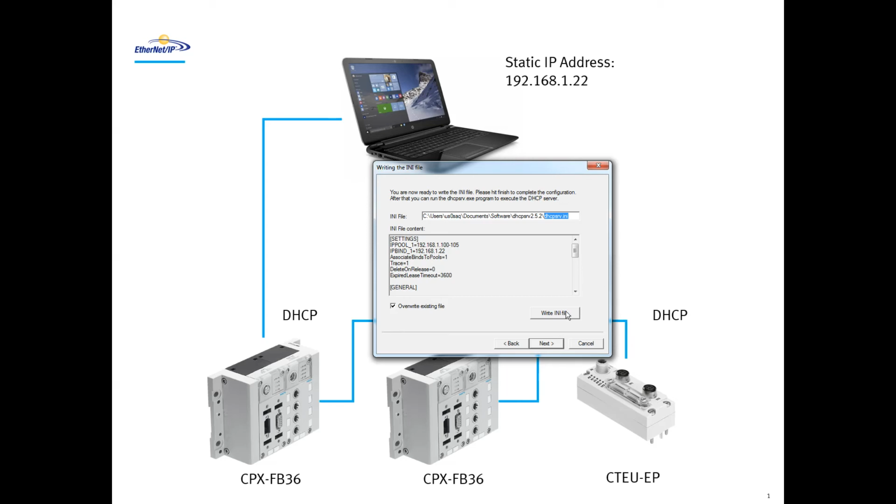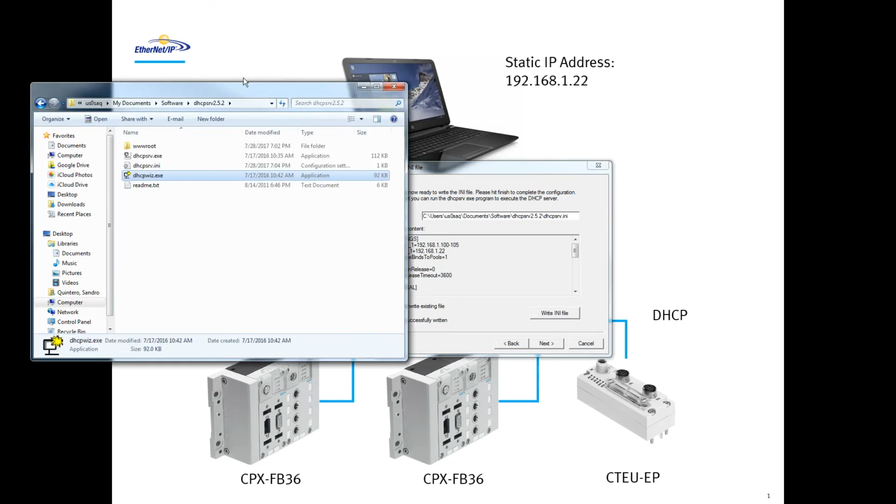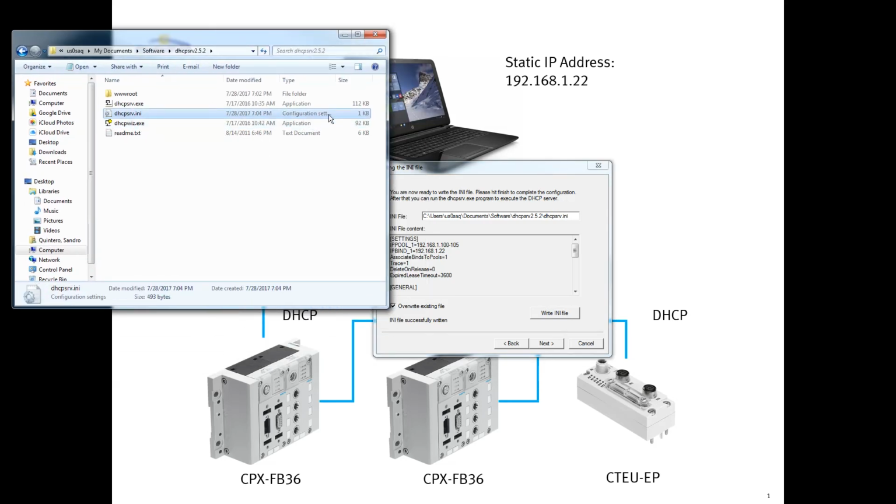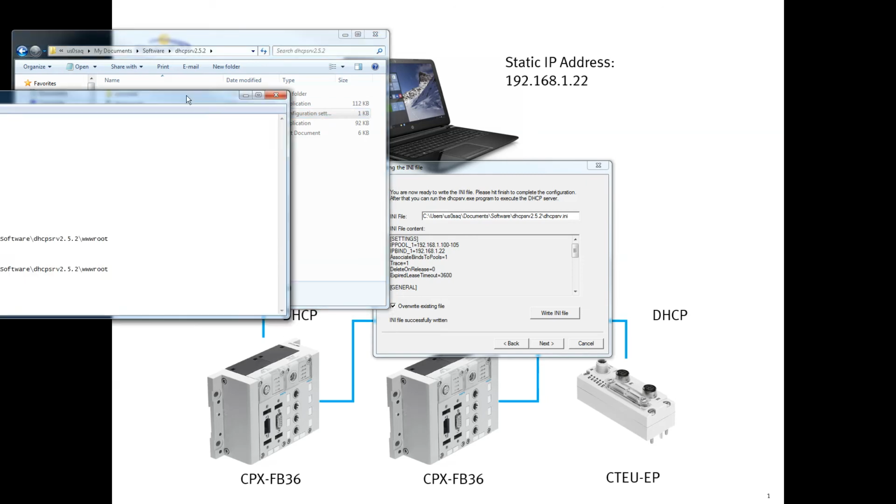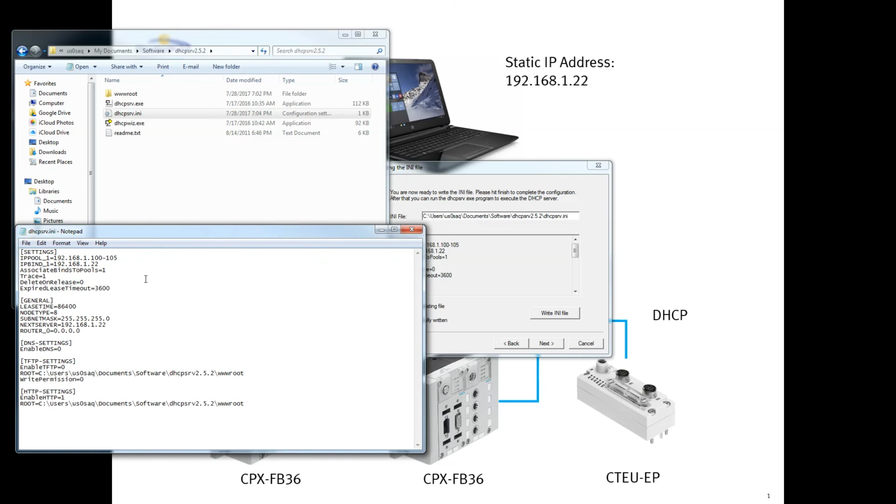So I'll write the ini file here, and if I go back to this folder, now I have this file, which was written just now. If I double click on it, I'll see this file.